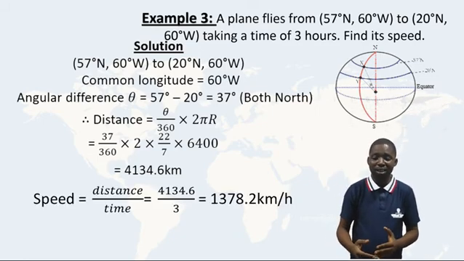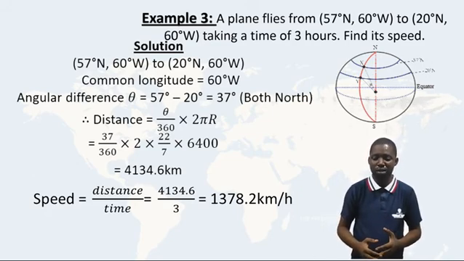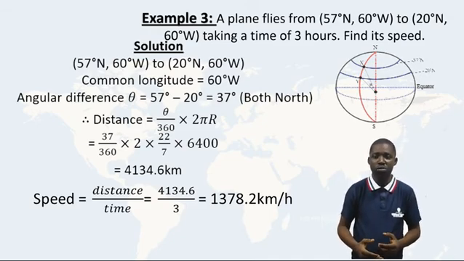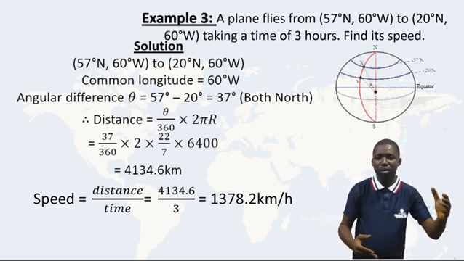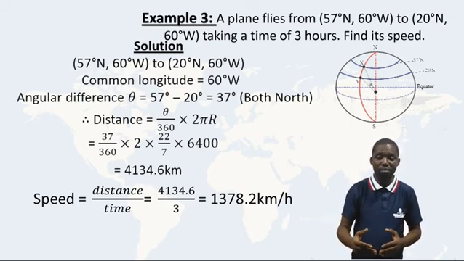I will divide that by the given time, which is 3 hours. If I divide that, I'll get 1378.2 kilometers per hour. So the speed at which the plane was moving from the point X to the other point Y is 1378.2 kilometers per hour.